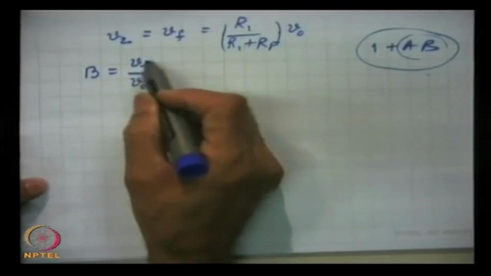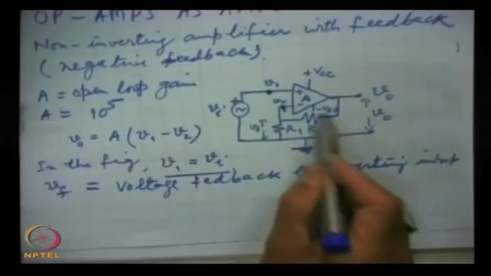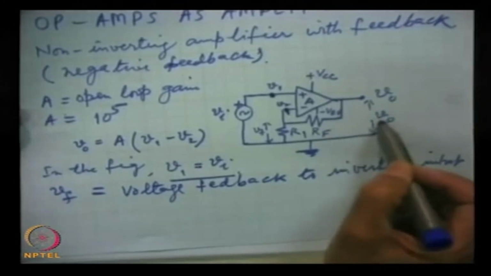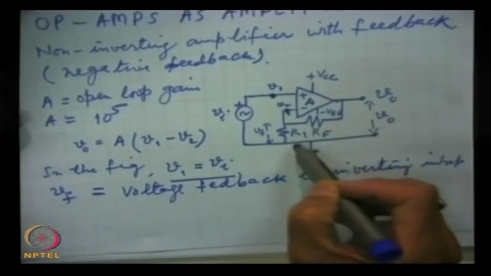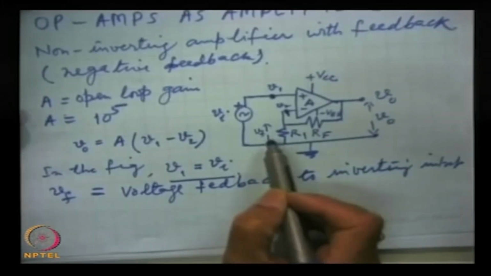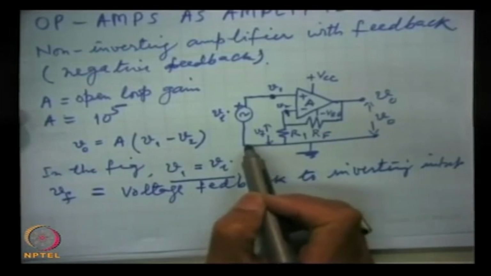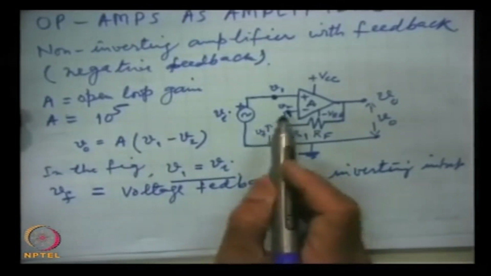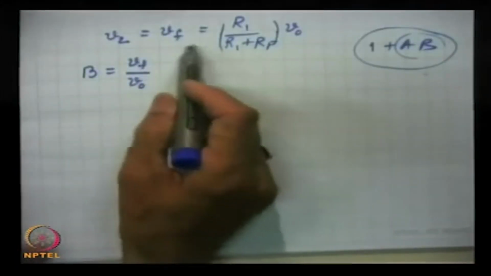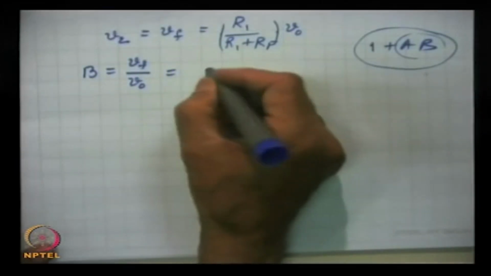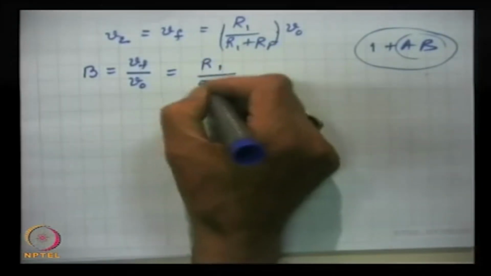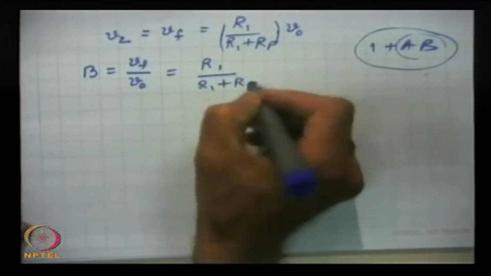The input of the feedback network here was V0, and the output we are taking here. So the gain of the feedback network is output divided by input, Vf by V0, which from here we write as R1 by R1 plus Rf.